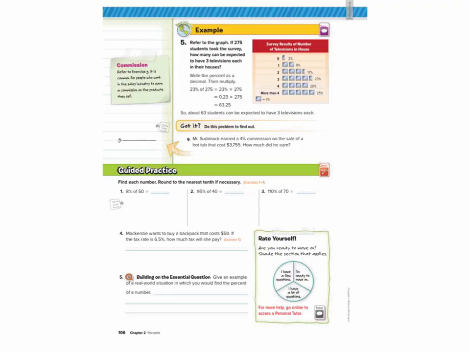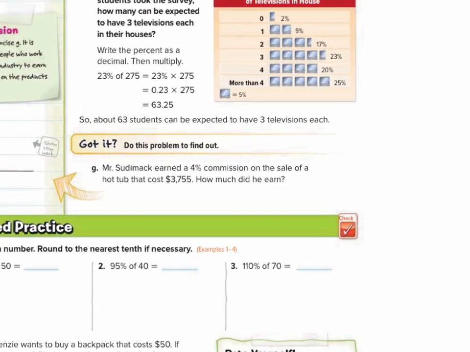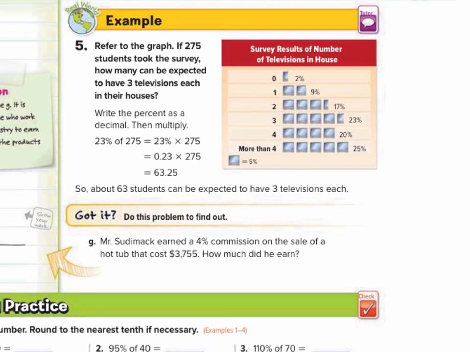And as we look to finish up this lesson, our 5th guided example, refer to the graph. If 275 students took the survey, how many can be expected to have 3 televisions each in their houses? Well, as we look, we have 3, and that's 23%. If there's 275 total, we need to find 23% of 275.